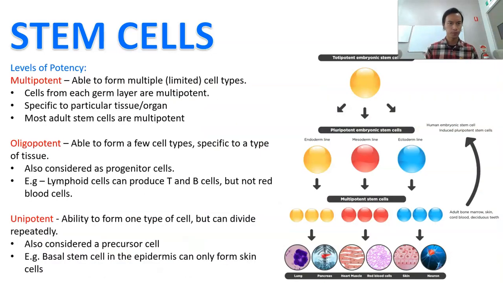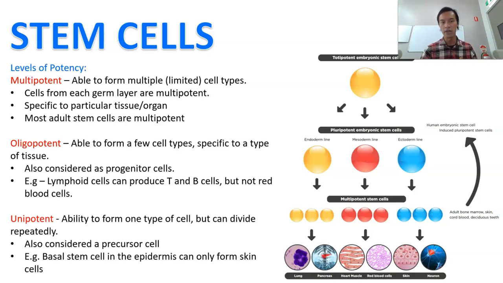Okay. From there, pluripotent becomes multipotent. Any one of those germ layers are multipotent stem cells, right? They will turn into specific types of tissues and organs. And the adult stem cells that we obtain our stem cells from are considered multipotent, right?